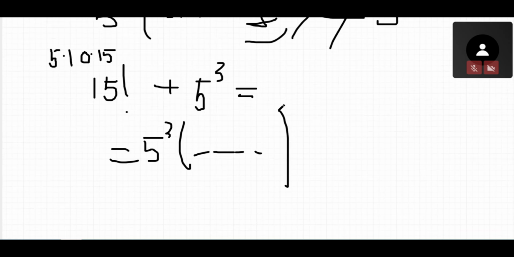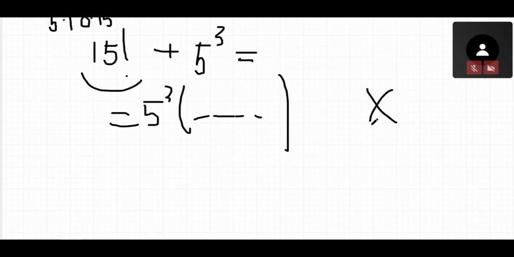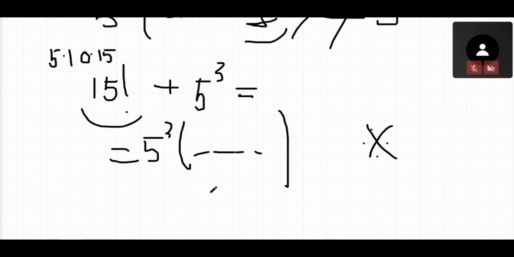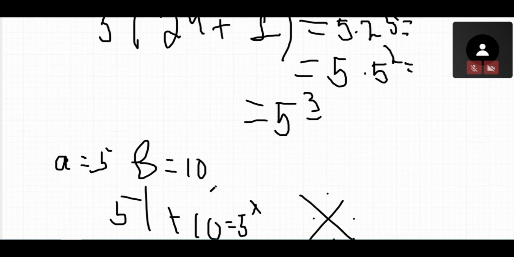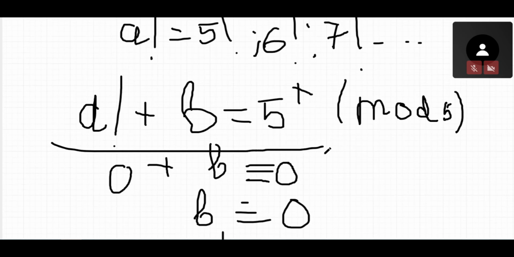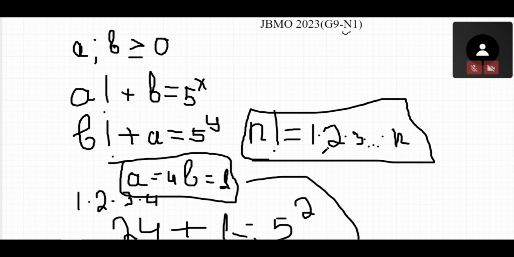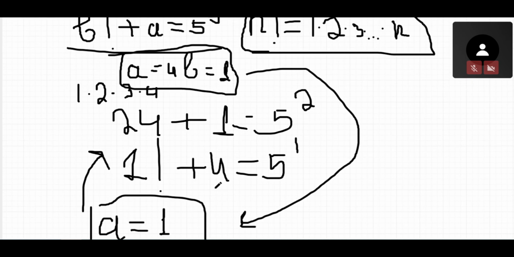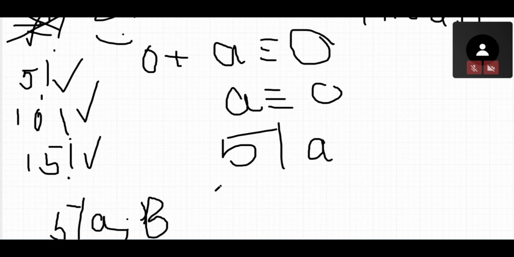Of course, I will not calculate it because it makes big numbers, but it will make a contradiction. You ask why? Even if it makes a power of 5, we have another statement. We don't only have that a factorial plus b needs to be a power of 5. We also have that b factorial plus a needs to be a power of 5.